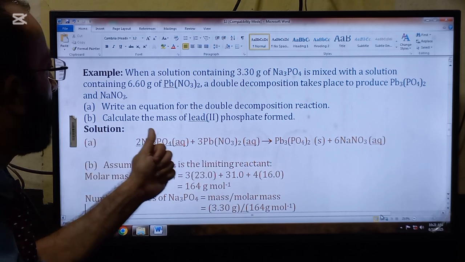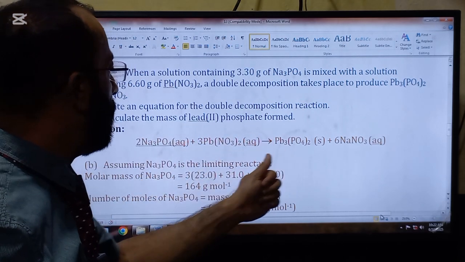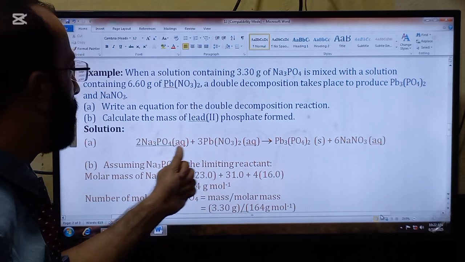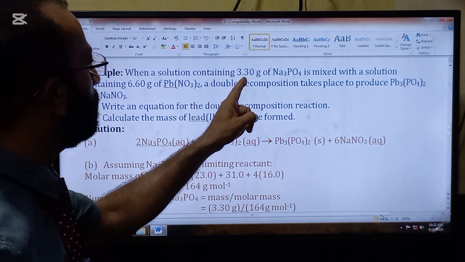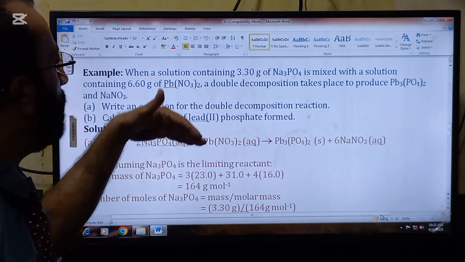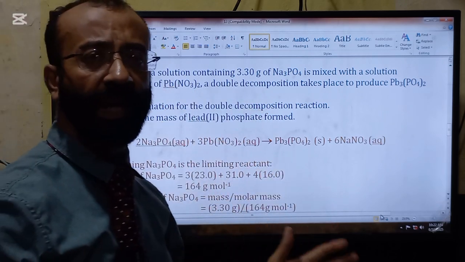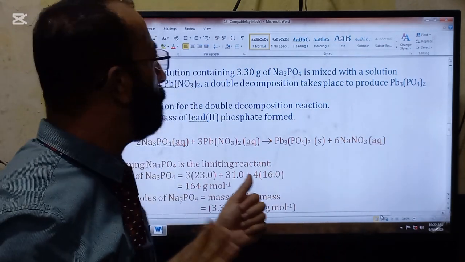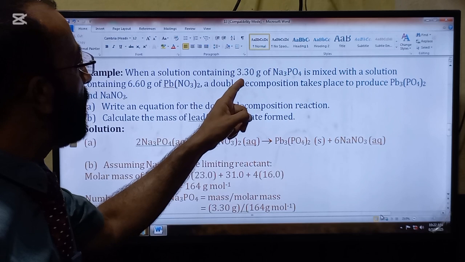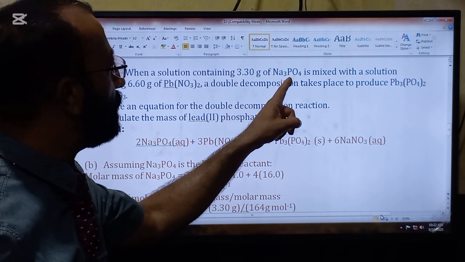Second is to calculate the mass of the lead phosphate formed. Here is lead phosphate. But first we have to decide which one is the limiting reagent. Look here, now the masses are given. In previous questions, moles were given. First, convert these masses into moles because we can find the molar mass of the compound.